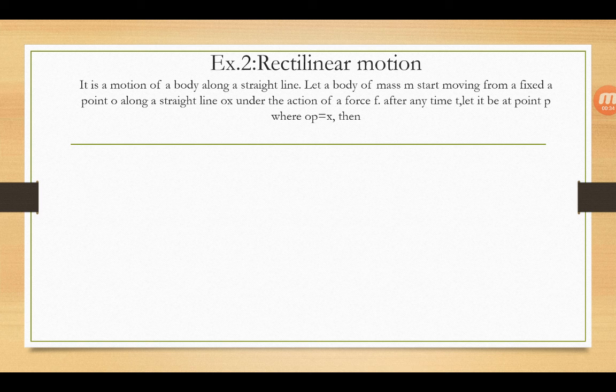Consider a body of mass m which starts to move from a fixed point, say O, along a straight line OX under the action of a force F. Now as that body moves, after a certain time, say that body is at point P where distance OP is x.